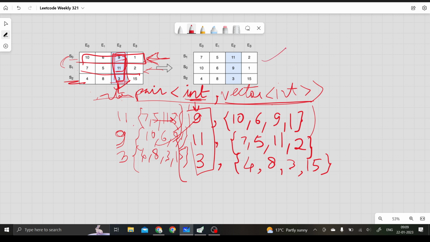This is the answer that we get after sorting. Then we loop through this vector and put the second value of each pair inside our answer vector. So let's see the code.